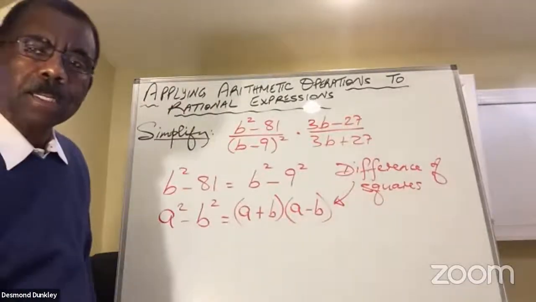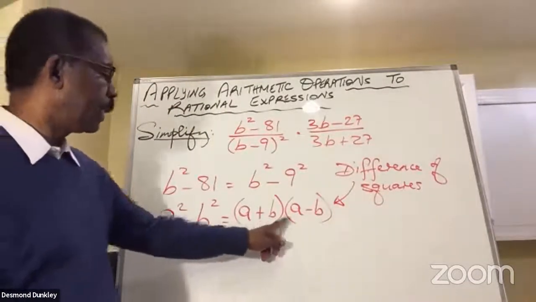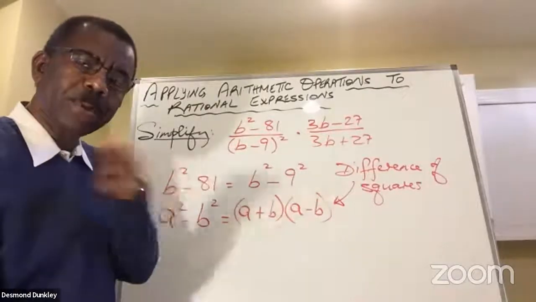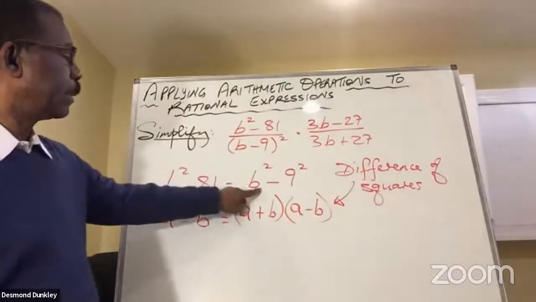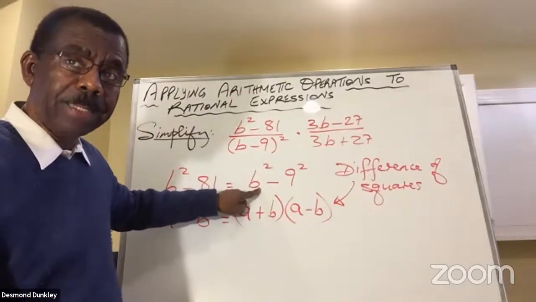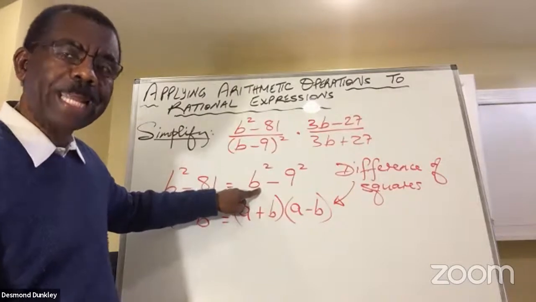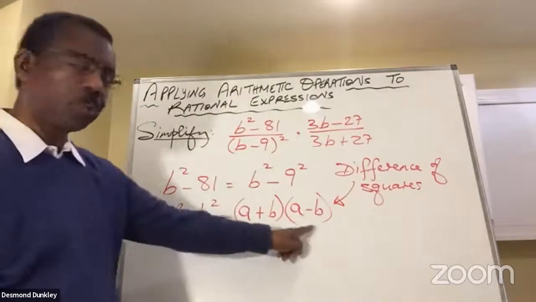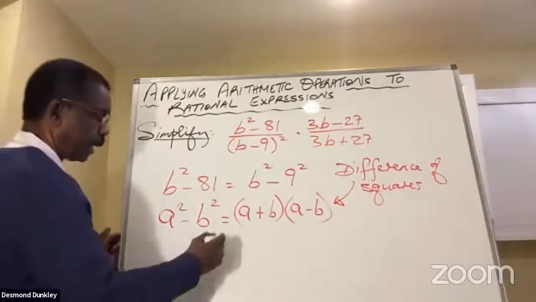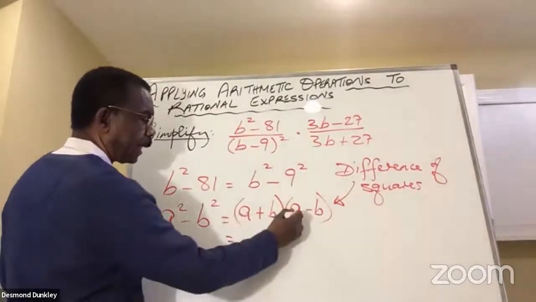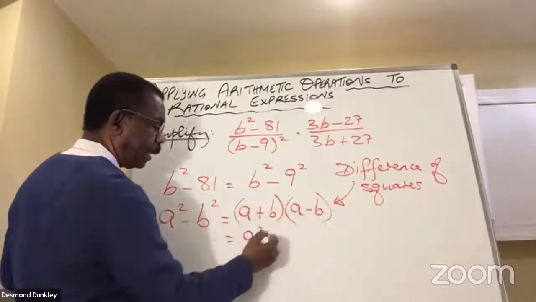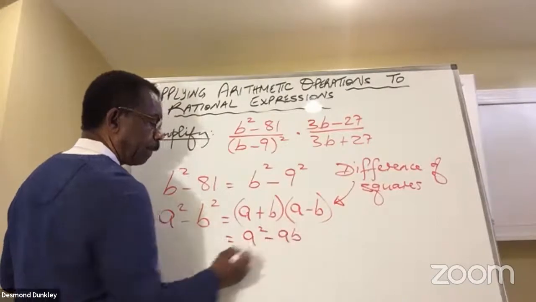It always works. Because whenever you have these different signs, the middle terms will cancel out, always, always. So this is actually B plus 9 times B minus 9, because the middle terms will cancel. I'm going to do that with this to show you that this is going to cancel to become just this. Look at this. A times A is A squared. A times negative B, negative AB.